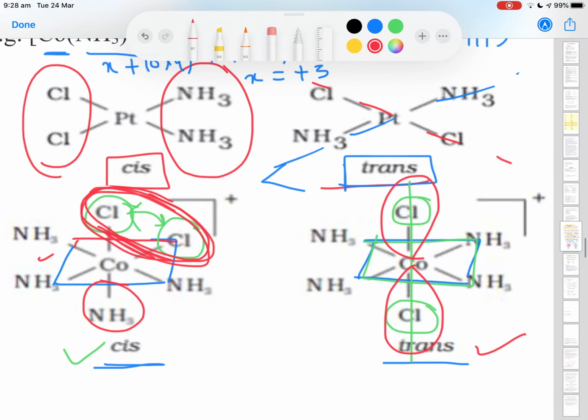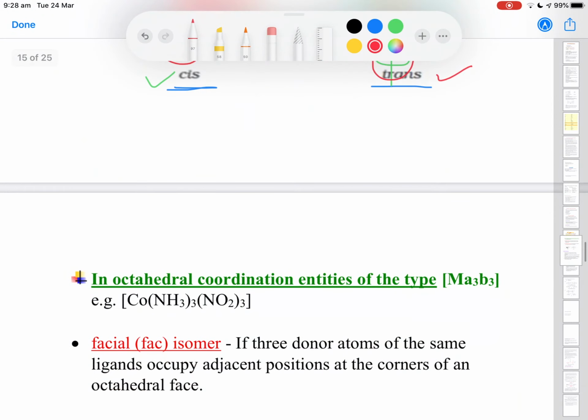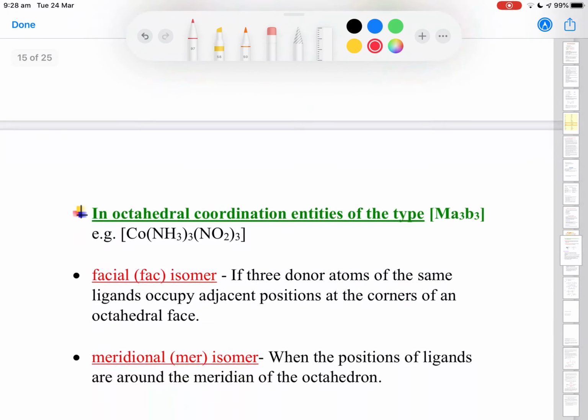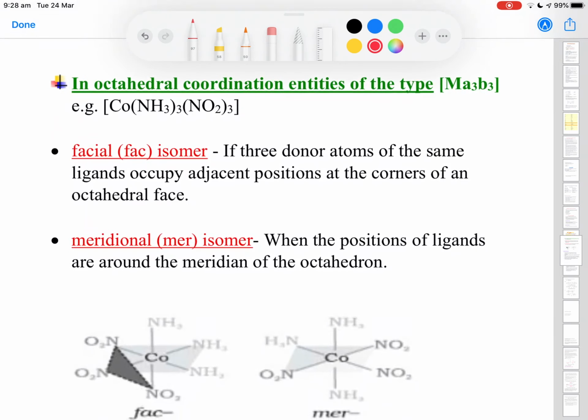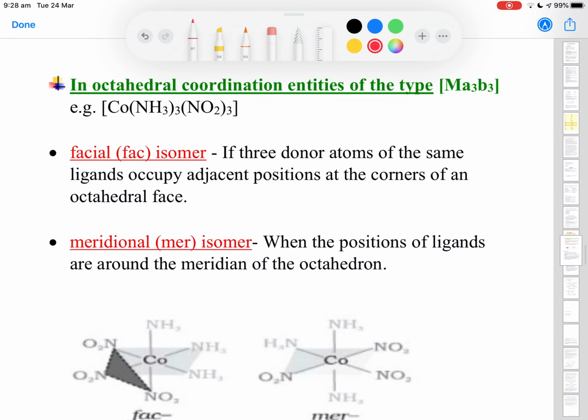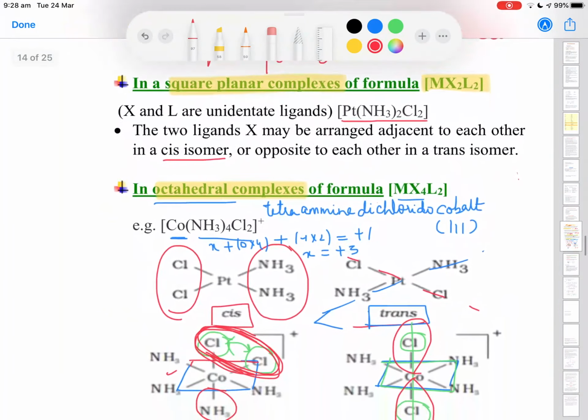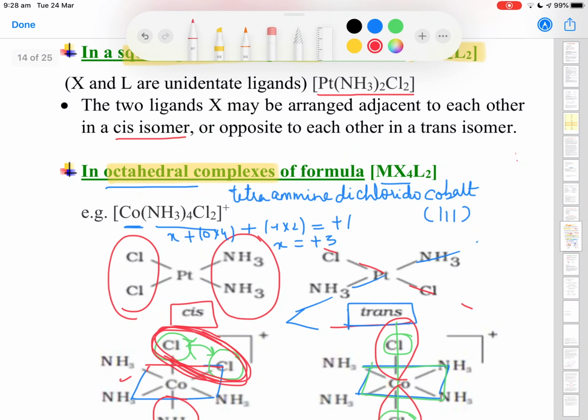Fine. Now let us understand another type of condition which can arise in octahedral complexes, where octa means again 6. In the previous example, I'll just brief you, the type was 2 plus 4. What is 2 plus 4? 2 atoms of one type of ligand, 4 atoms or molecules of another type of ligand.